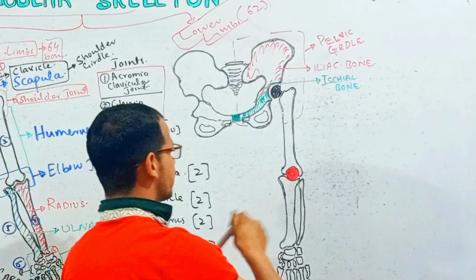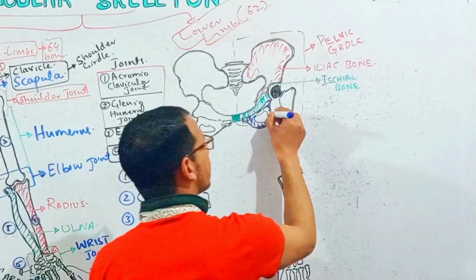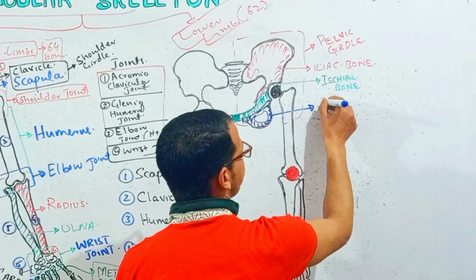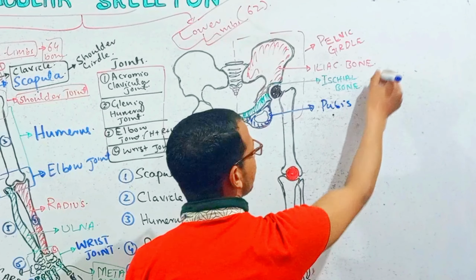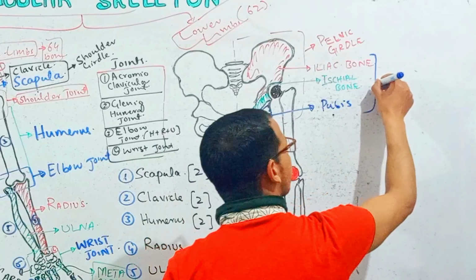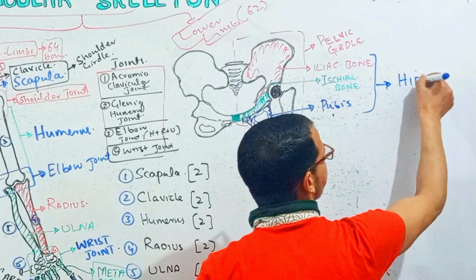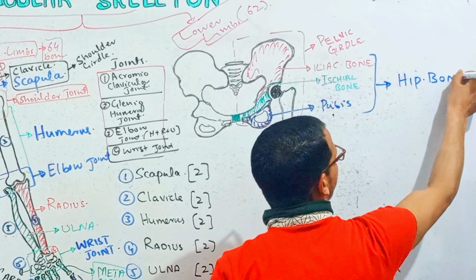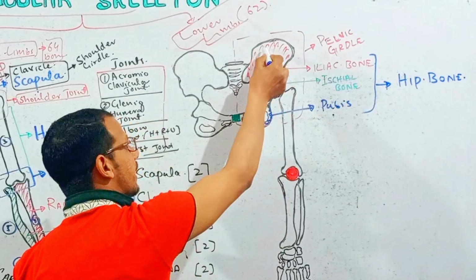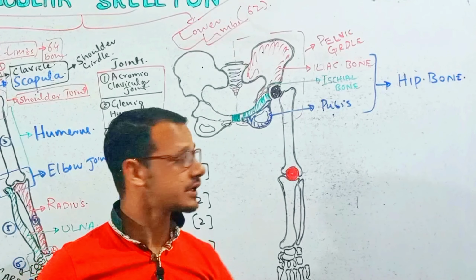And the next bone I am shading in blue color. This bone is called the pubis, and all these bones are in fused form, so they count as one bone, and it is called the hip bone, right? So we have right and left hip bones.